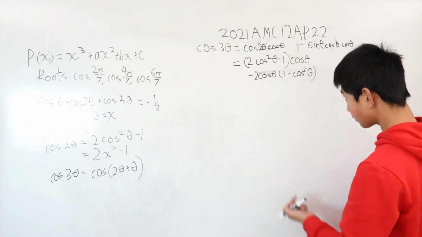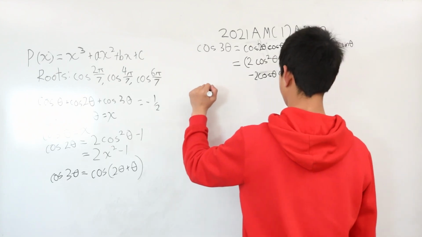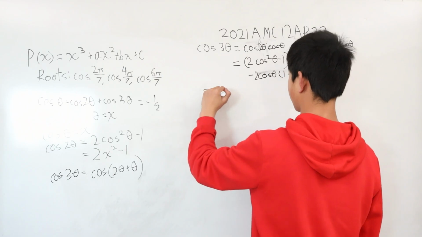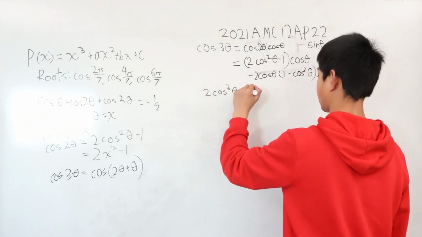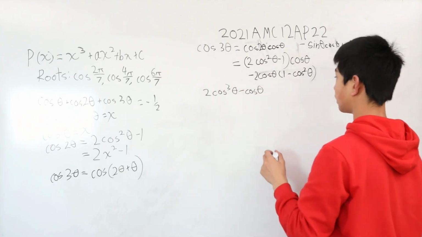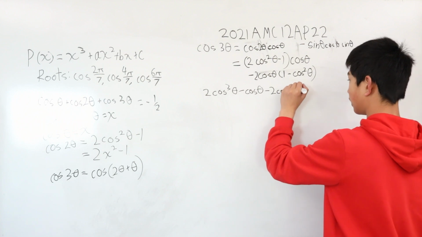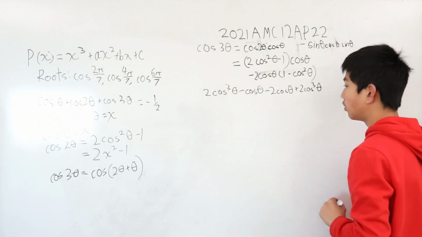Once we multiply everything out, that's going to be 2 cosine cubed theta minus cosine of theta, and then minus 2 cosine theta plus 2 cosine cubed theta.